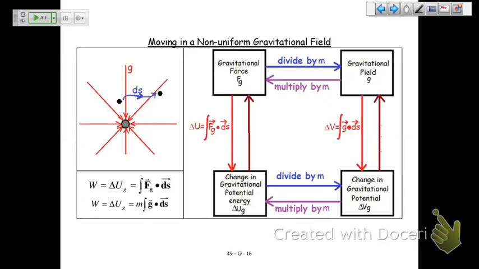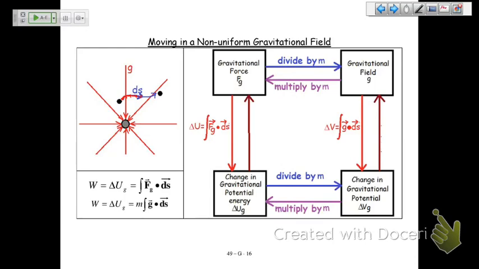So what I've got to do is break this journey up into a whole lot of little steps. And for each little step, I've got to take a little bit of displacement, and there's a little bit of field change. The field's getting a little bit different with each step, and it's getting a little bit of displacement, and a different angle between them. So this is a real pain.